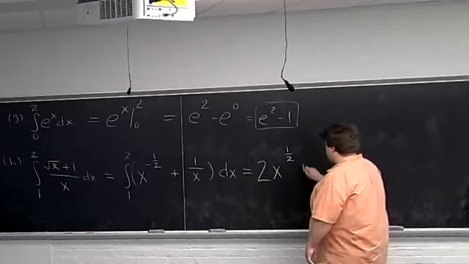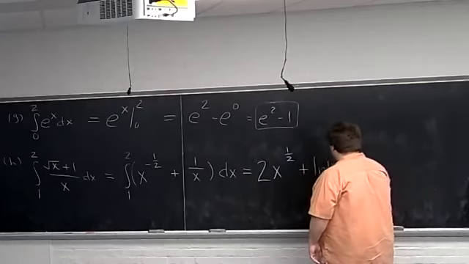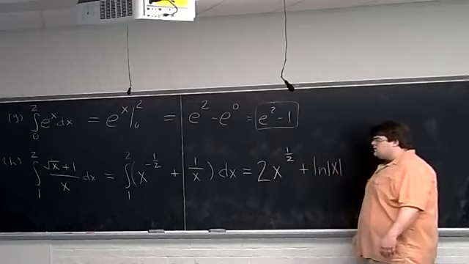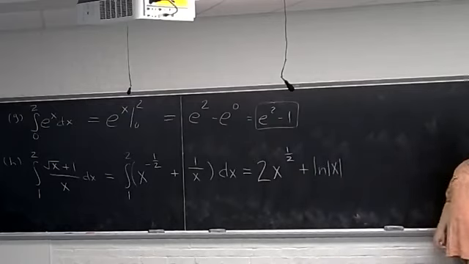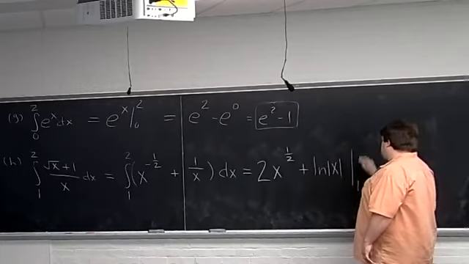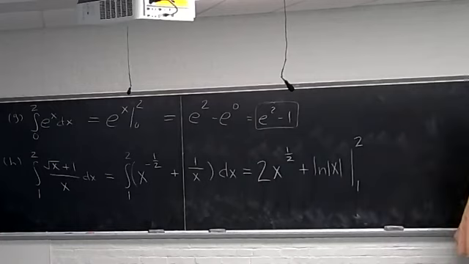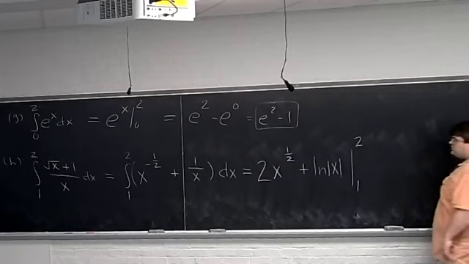Plus 1 over x, the derivative of log of absolute value of x is 1 over x. Here, technically, if I made those bounds something like negative, well, I guess I wouldn't have negatives with the square root.